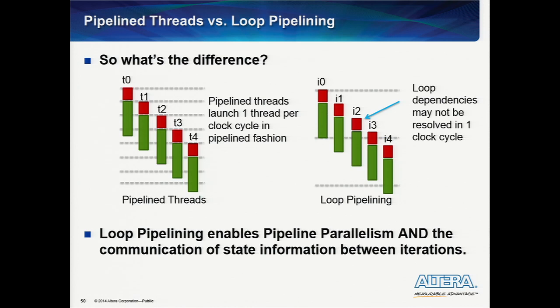So the real difference between loop parallelism and the ND range is just that you can't always resolve your dependencies in a single cycle. Sometimes they're very complicated. And while you're always trying to minimize the amount of time before you can launch an iteration, it's not always possible to have it down to a single cycle. So loop pipelining enables us to extract parallelism from a single thread while maintaining the ability to communicate state from iteration to iteration.